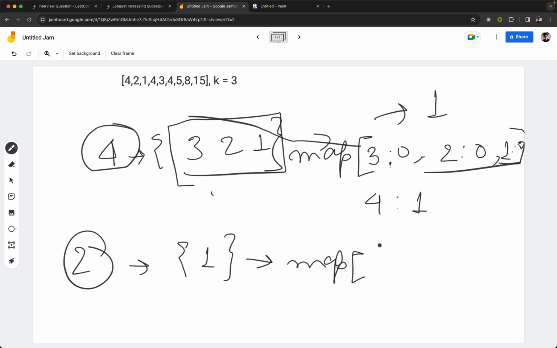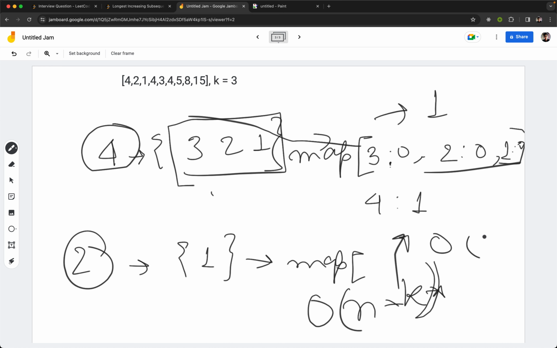So what would be the runtime complexity for it? It would be simply order of n times k, because if you consider an unordered map, the search and insert operation is asymptotically order of 1, right?